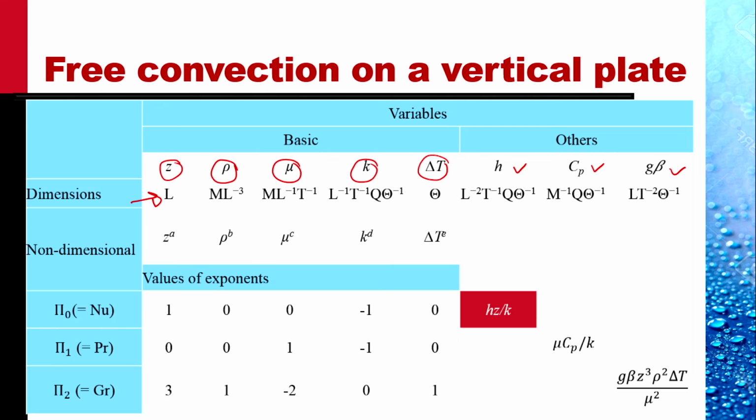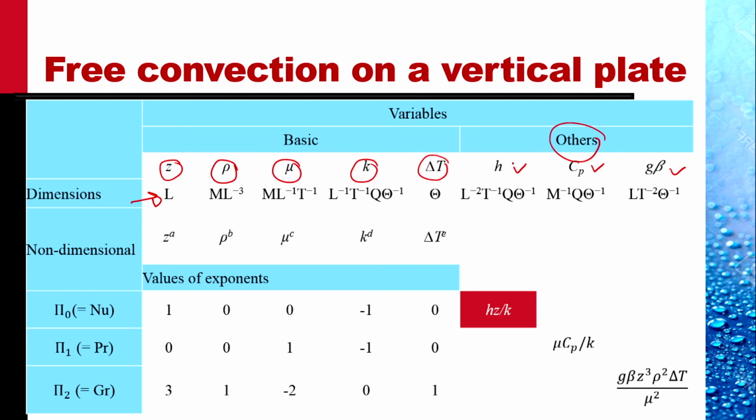And now we want to write each of these other parameters as a product of z raised to power a, rho raised to power b, mu raised to power c, k raised to power d, and delta T raised to power e. And when we do this, the dimension of these products should match the dimension of the parameter that we selected from the others group.